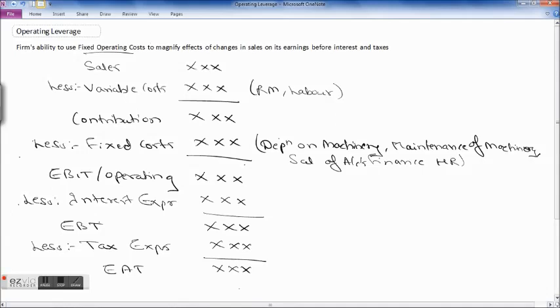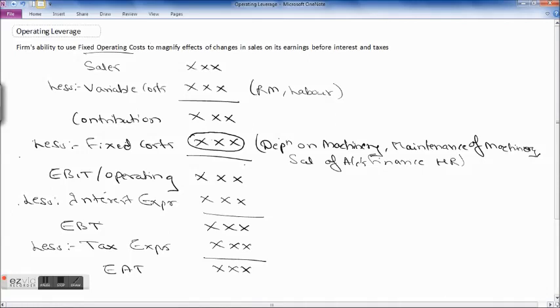Now what is operating leverage? Operating leverage is a firm's ability to use this fixed operating cost to magnify the effect of changes in the sales on its earning before interest and taxes. We have fixed cost here, and as I told you, it won't change if the production is increased or decreased.